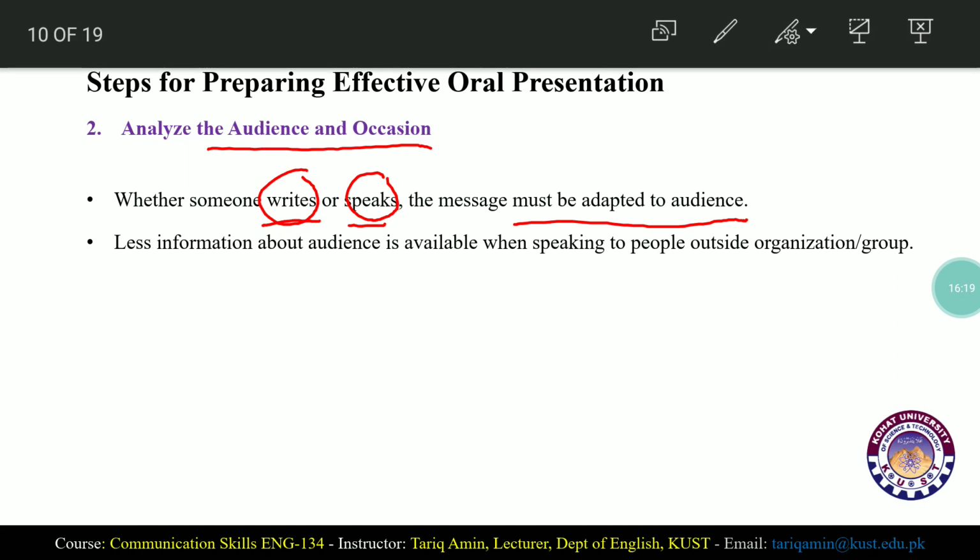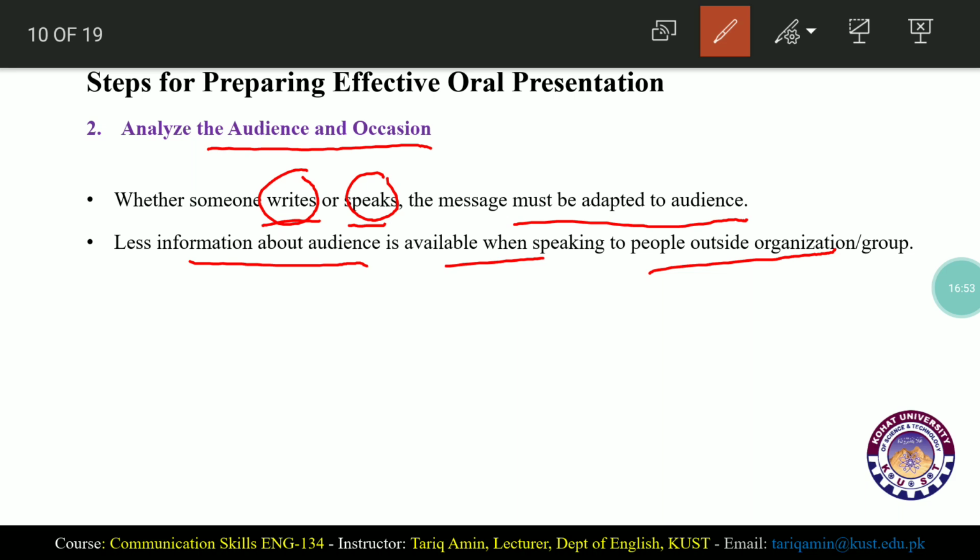Now, less information about audience is available when speaking to people outside the organization or group. When you present something to the people outside your organization, you have less information about the audience. For example, we belong to the organization that is Cohort University of Science and Technology.